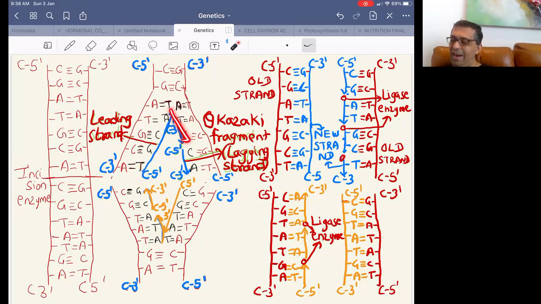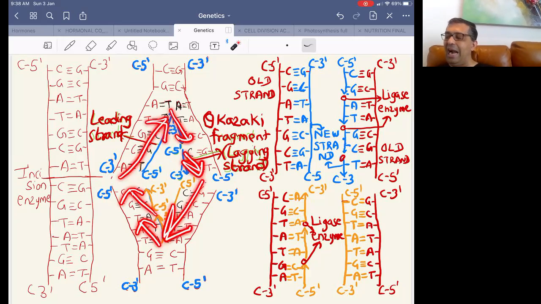Here we have Okazaki fragments, and here we have continuous strand.